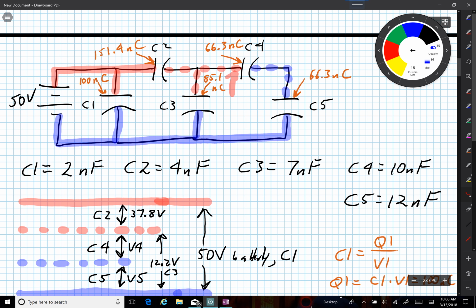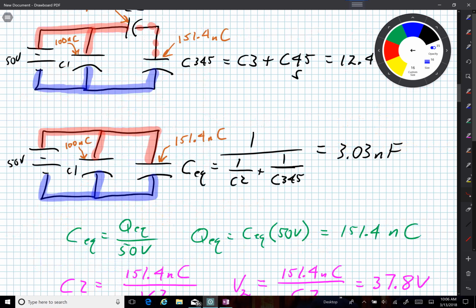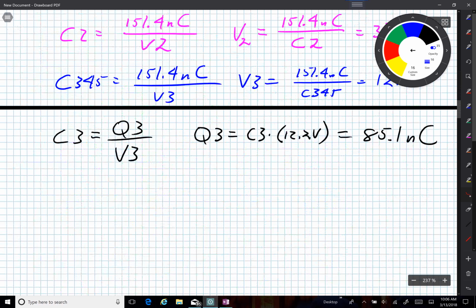I can calculate these voltages that I don't know yet. This voltage here and this voltage here. These color combinations on my voltage ladder. So let's do C4. We'll go back to green here.